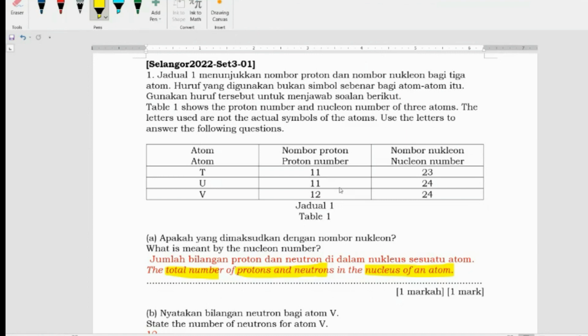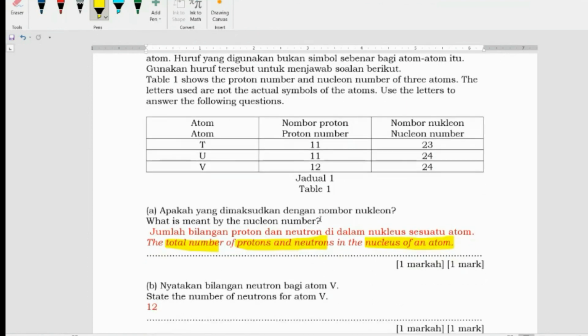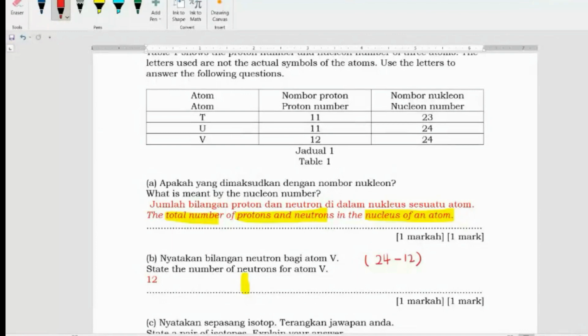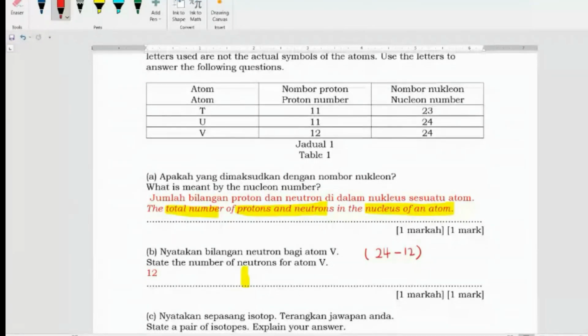Correct. Kamu boleh buat catatan di sini lah. Nucleon is 24 minus the protons 12. So it's 12 lah. Okay, good, Matthias.